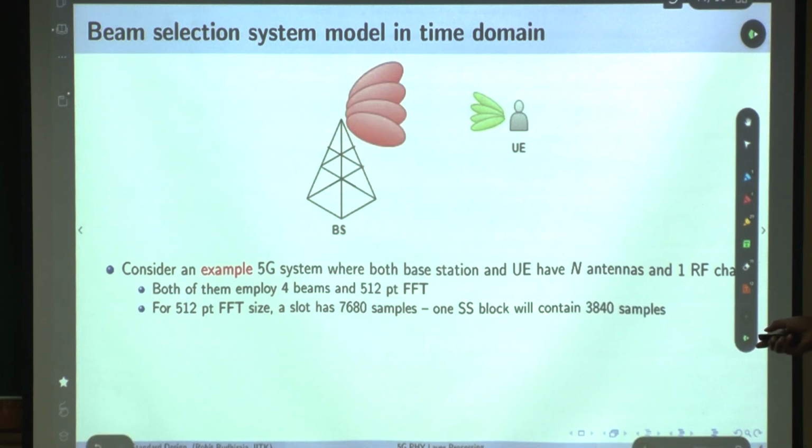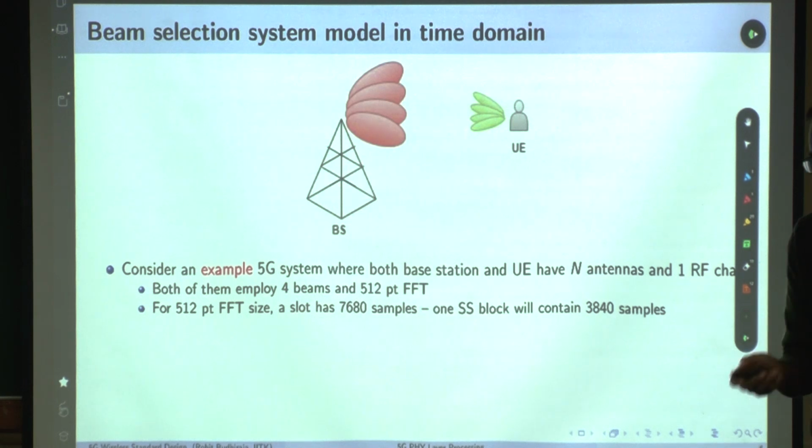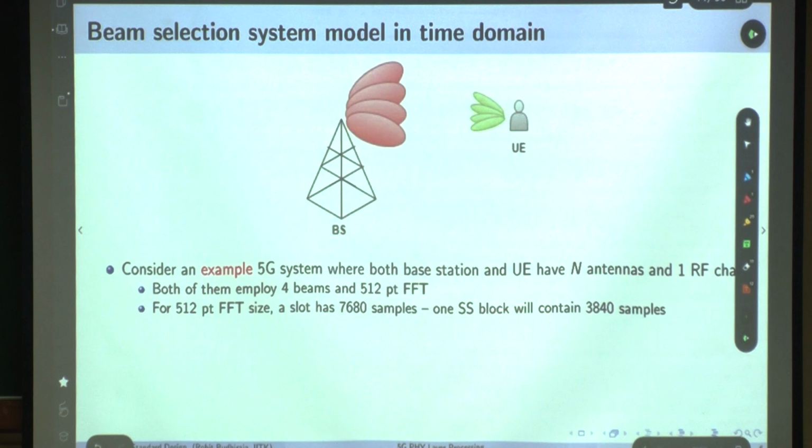One SS block will have how many samples? Because one SS block is only for half of this slot, it will have half of these samples, 3840. Now this is simple, 512, 7680. How does it come? Let me do this.